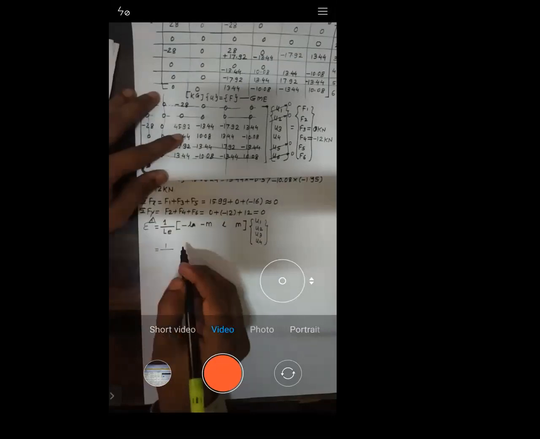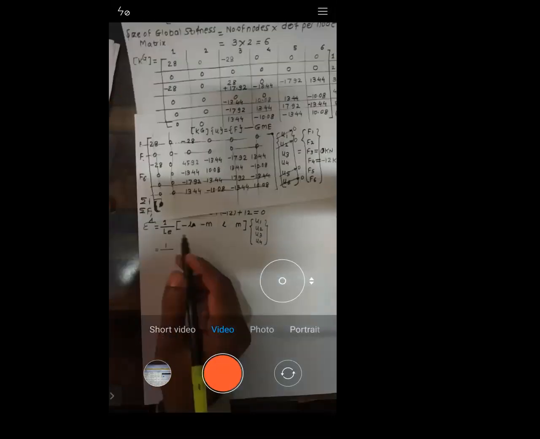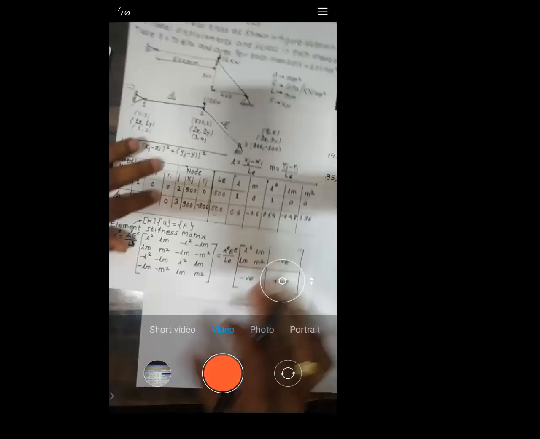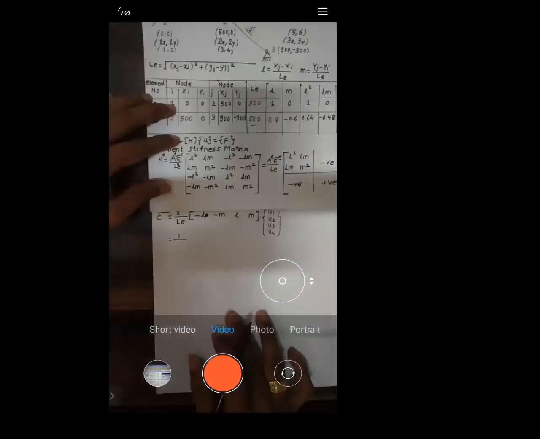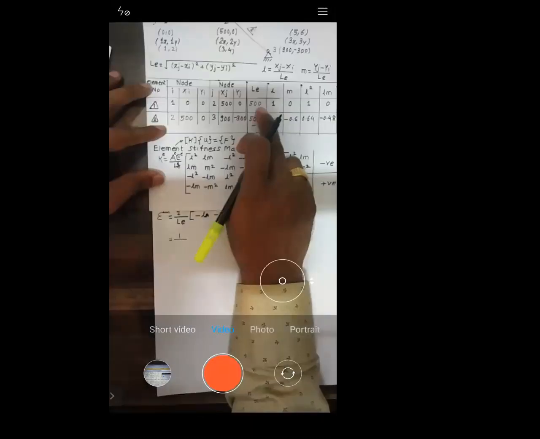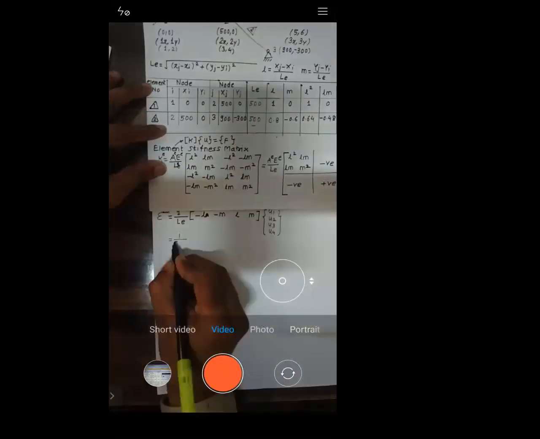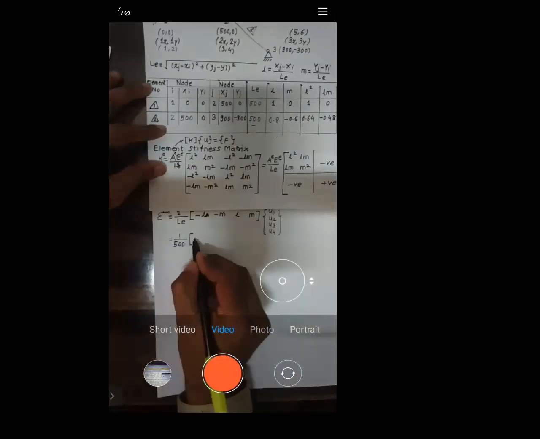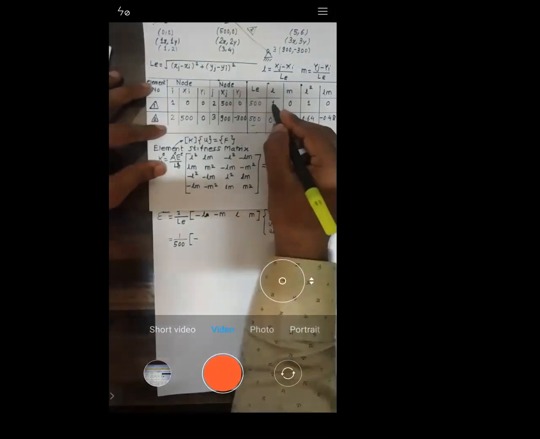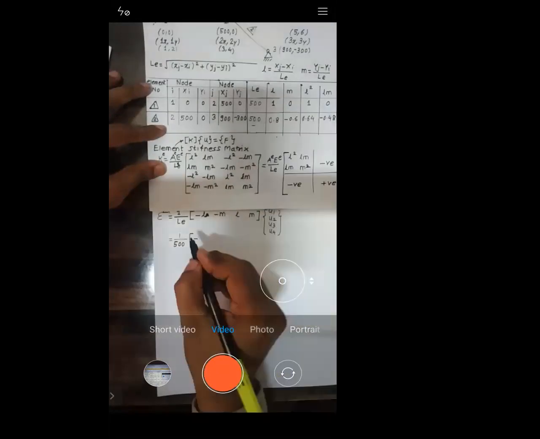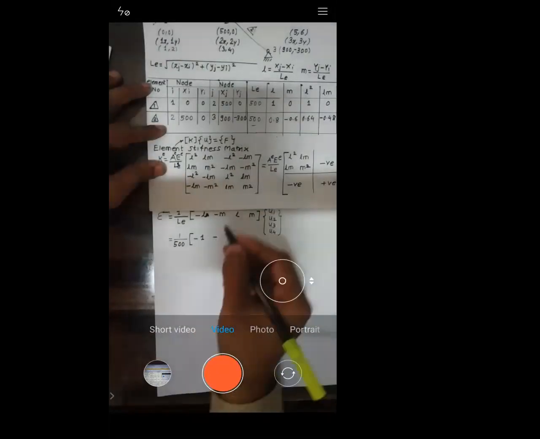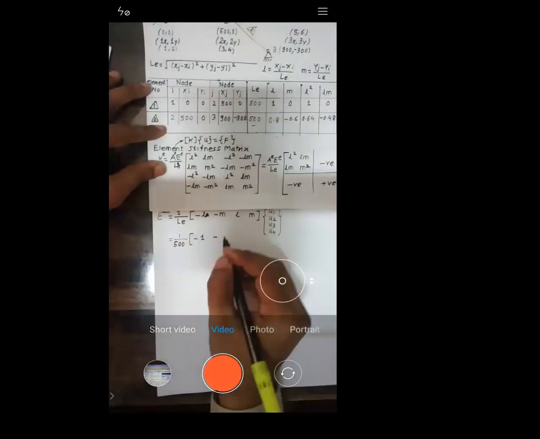Can you put the value 1 by length of element? Let me put those values. What is the length of the first element? It's 500, right? So 1 by 500 into bracket minus L. What is L? It's 1. Minus M. What is M? It's 0.